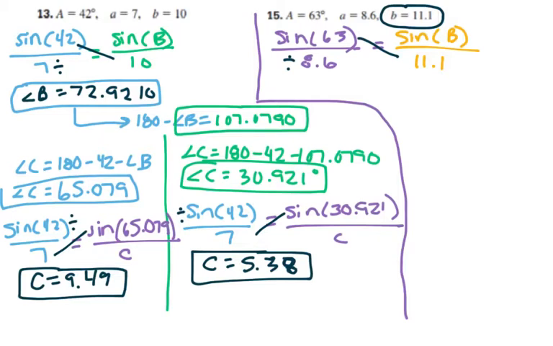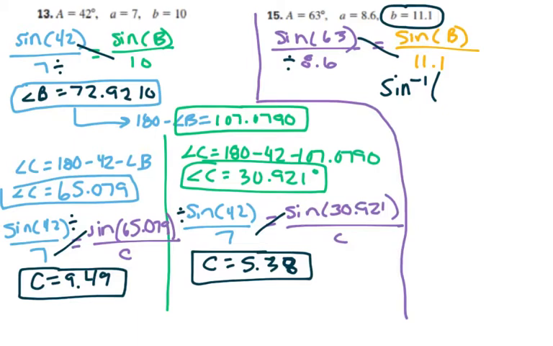That's why, because I'm going to do sine inverse of a number that doesn't exist. So that's not possible, because we're trying to do sine inverse of, let's see if I can get it back, times 11.1.